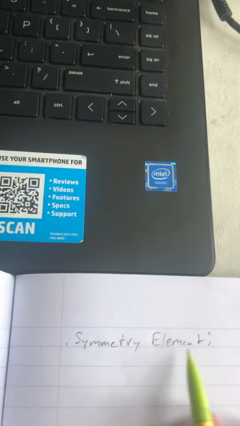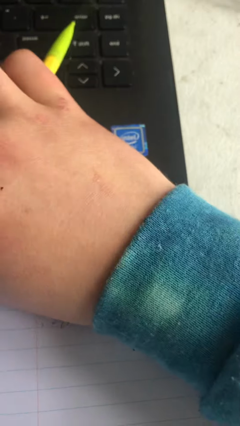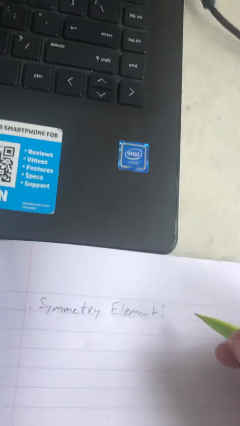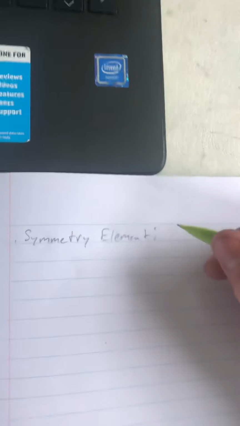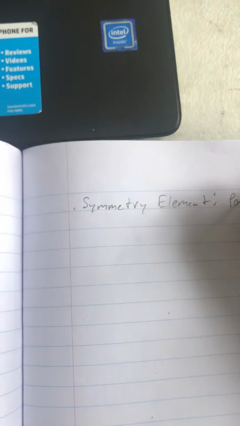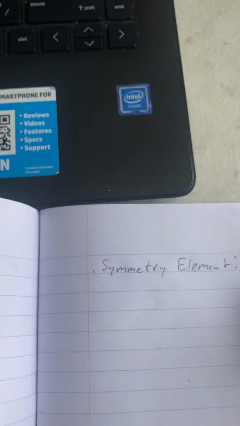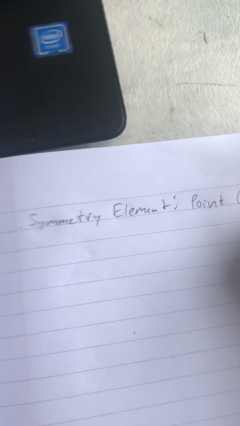Basically, all this is the parts surrounding an object that signify whether or what kind of operation must be done to the specific molecule. These can include a point, and this basically goes with inversion center, which is a symmetry operation.